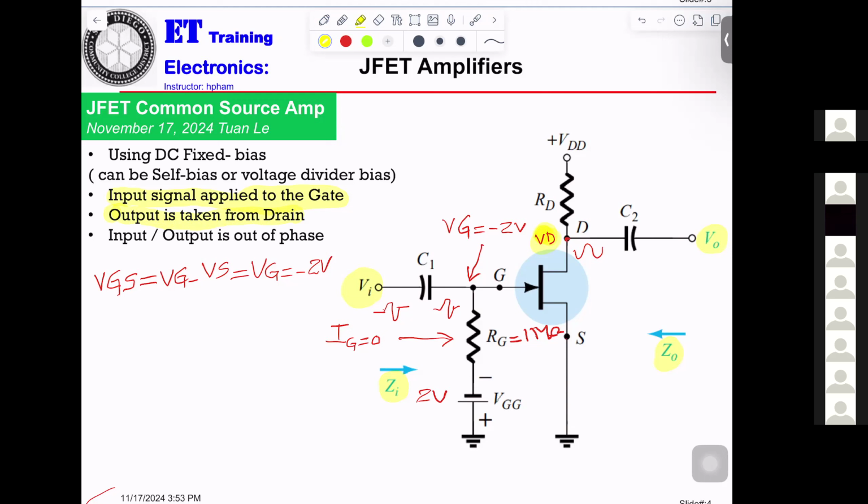You're looking it over more times, then when you memorize it, you can talk right away. Okay, what's the phase? Here, number 3, input and output are out of phase. At least you have to know that, you have to memorize it, okay?